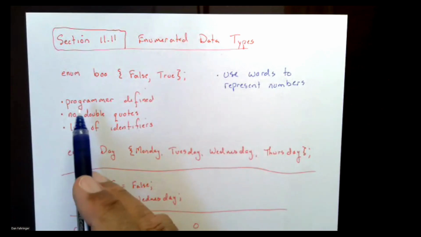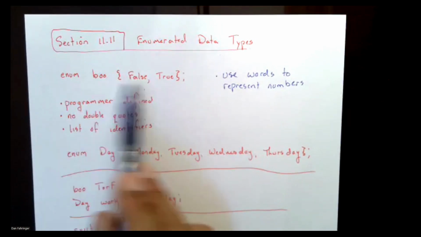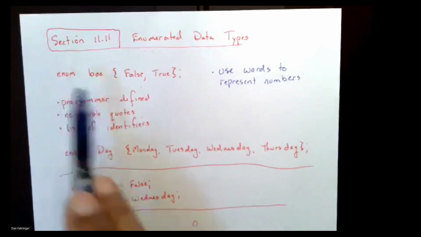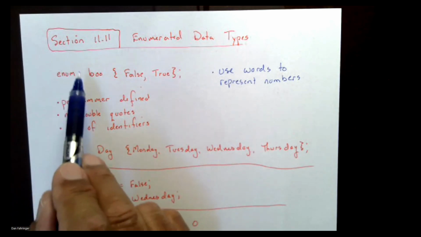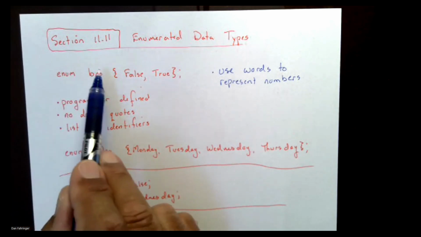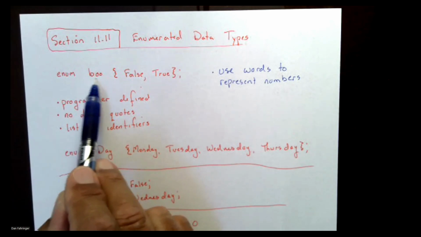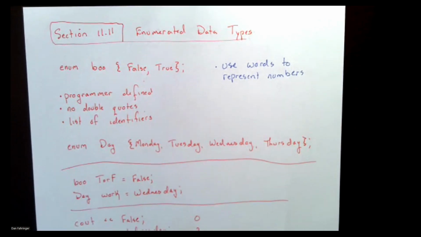First of all, this is programmer defined. We're making this one up. The enumerated data type says, hey, we can make it up and do whatever we want with it. And again, 162 is called advanced data types. You just keep making up more and more data types. And like you learned in 121, we had objects when we were working with classes. That was a data type.